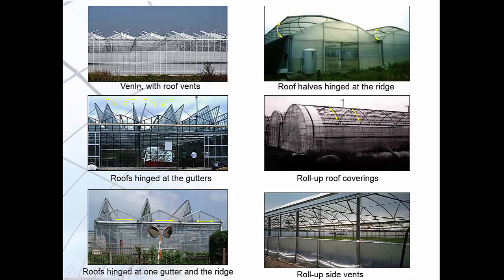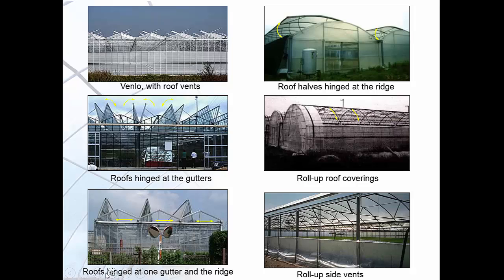There are so many designs with naturally ventilated greenhouses. As you can see on this slide, there are Venlo type greenhouse designs, naturally ventilated greenhouses with roof vents. The roof halves are hinged at the ridge in this design. For instance, open roof greenhouses, the roofs hinged at the gutters, and roll up roof coverings with this naturally ventilated greenhouse design.